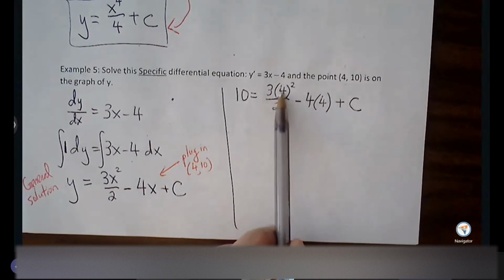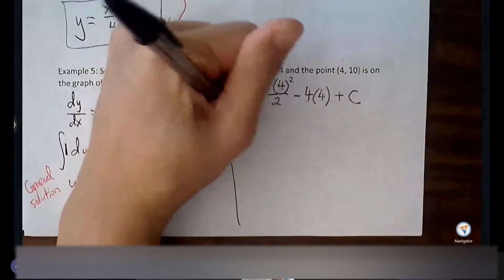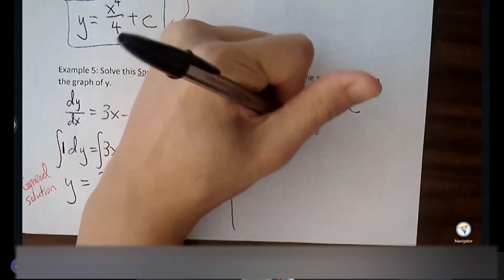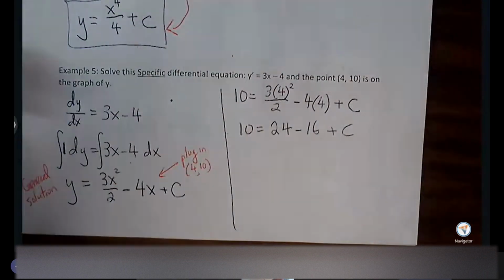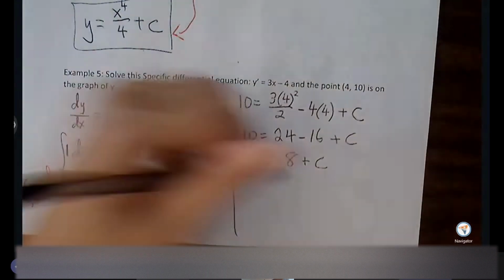Clean this up. We get 16 over 2 is 8. 8 times 3 is 24. C is equal to 2.